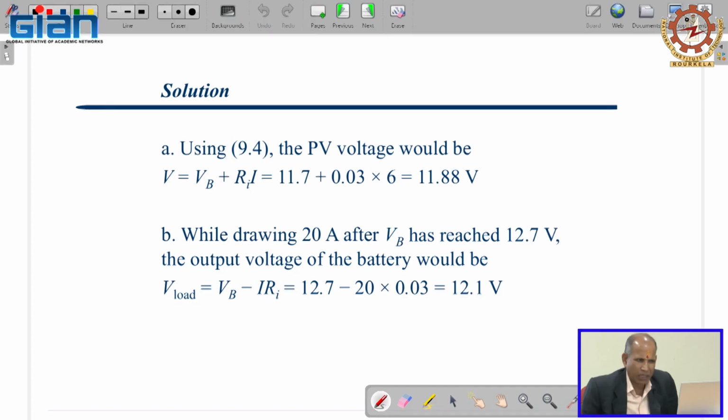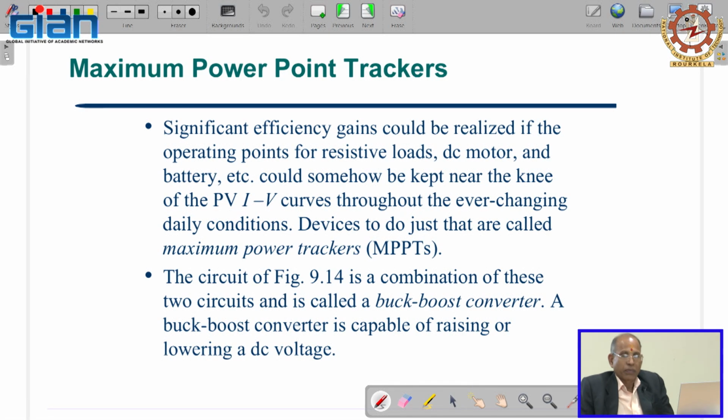So very simple example, in part A the PV voltage V will be equal to VB plus Ri into I, which is explained here.